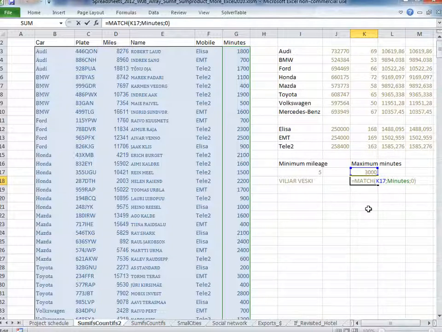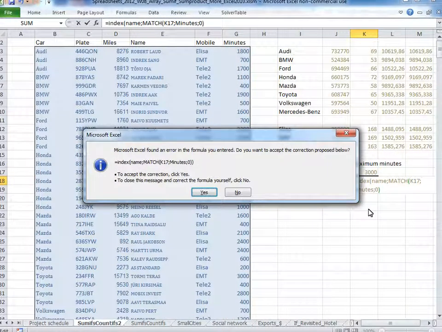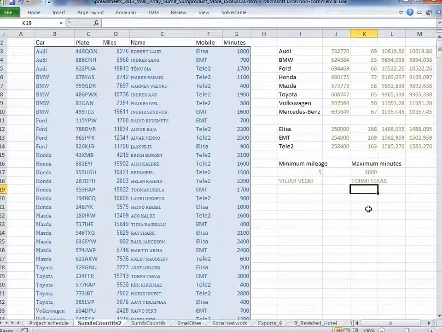Now we use INDEX and take from the block name the 27th. And here it is. Tormideras is the person we are speaking of. Okay, so such a little repetition of SUMIFS, COUNTIFS, AVERAGEIFS, and INDEX and MATCH.